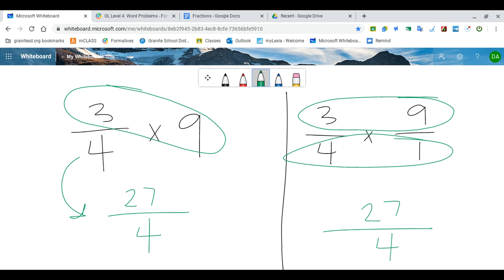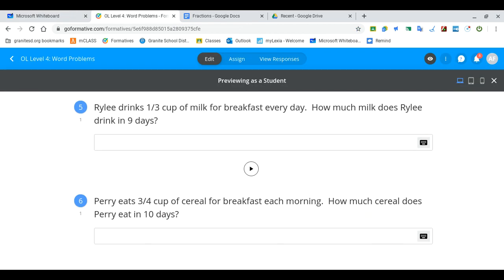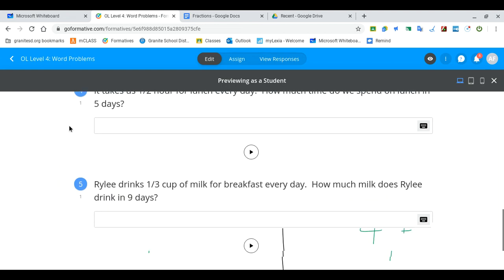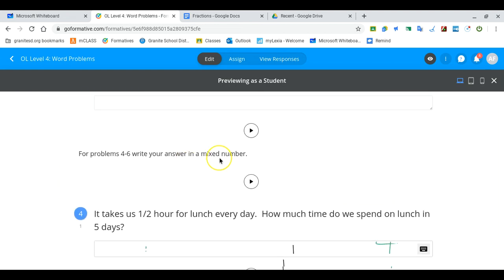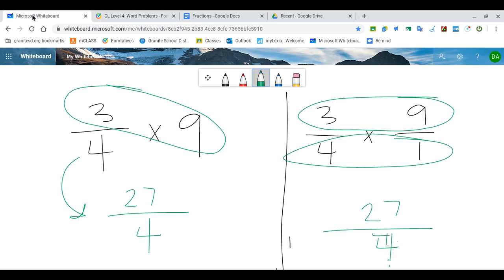Either way, I have my answer, but I'm not done. If I'm on question 4, 5, or 6, the directions clearly say that I need to give my answer. Let me scroll to the directions. I need to give my answer in a mixed number. So it's okay if I solve it, and so far I have an improper fraction, but that doesn't mean I'm done.